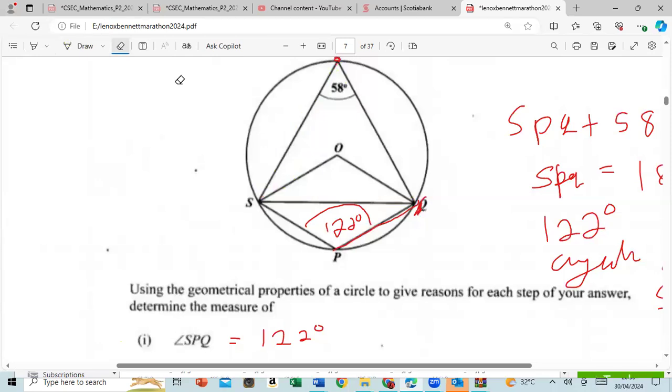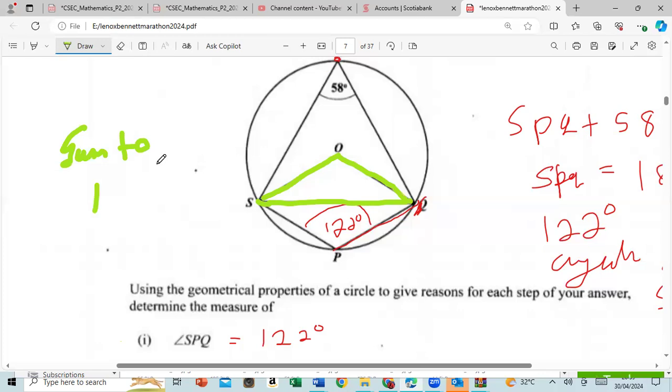Consider the triangle. I'm going to highlight the triangle itself. Let me focus on this triangle right here. And we know that all triangles' interior angles sum up to how many degrees? All triangles add up to 180. That is it.